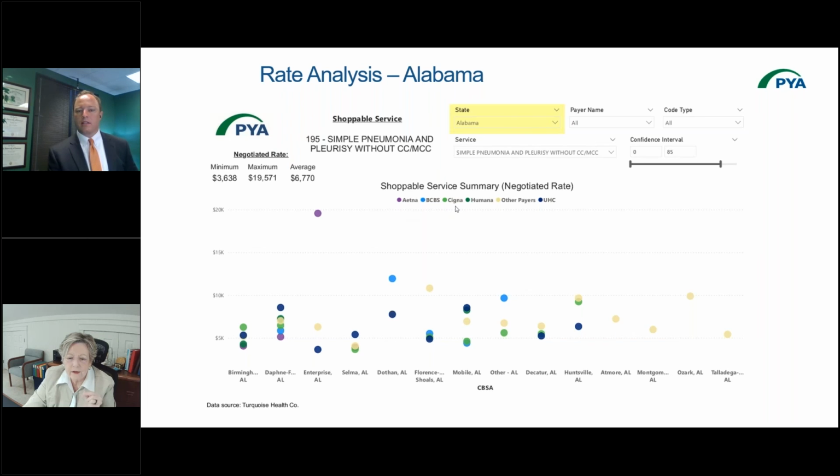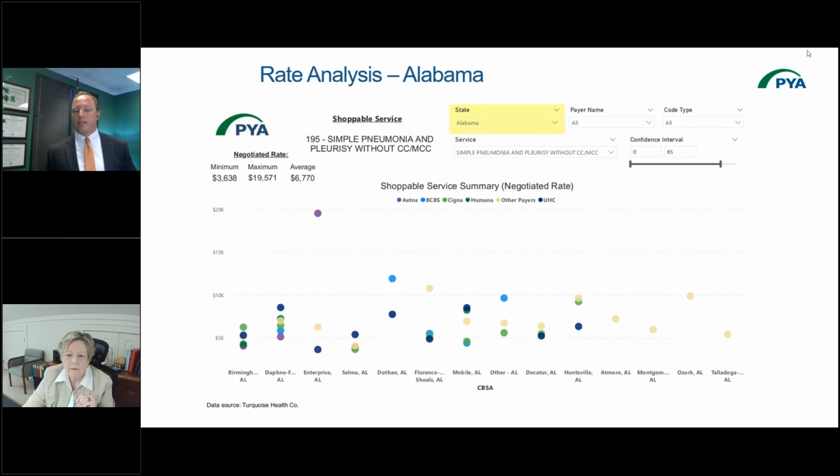Where it says other, that is going to be your non-CBSAs, your rural markets within the state. On this slide, we don't have that; on a subsequent slide, we have that listed. The other payers here would be all of the other payers that are not specifically called out.